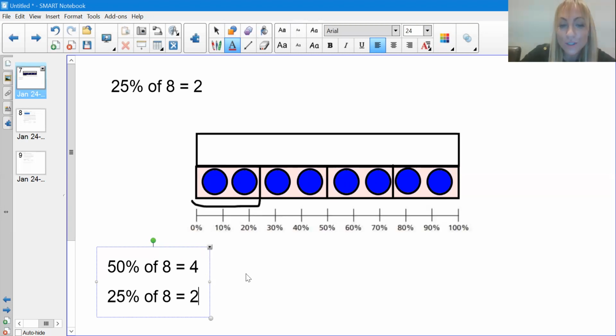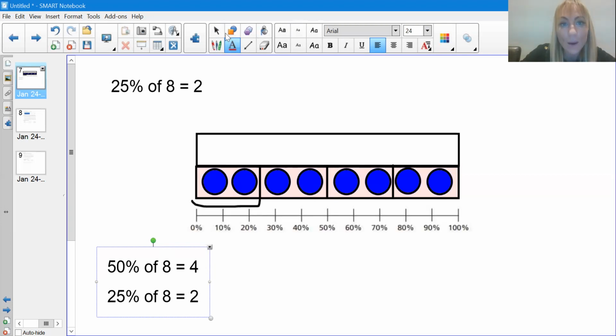Okay, so you should have paused the video. Now we know that half of 8 is 4 because that's 50%. And you can see here that 25% of 8 is 2. 2 is half of 4. So I can halve my number and halve it again to find 25%.